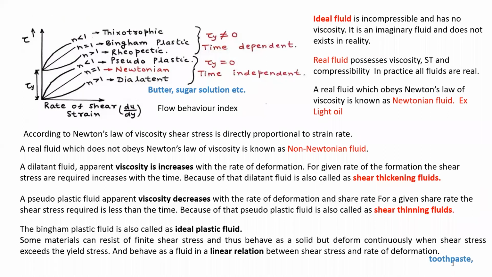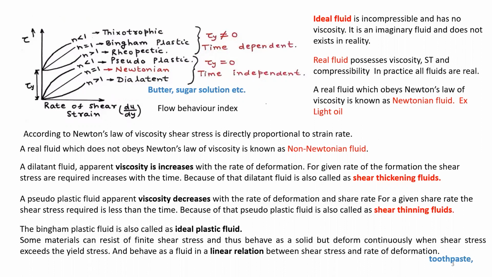That is the x-axis in this diagram. There is no ideal fluid as such in this world. All real fluids, including water, possess viscosity, surface tension, and compressibility. So all practical fluids are real fluids.